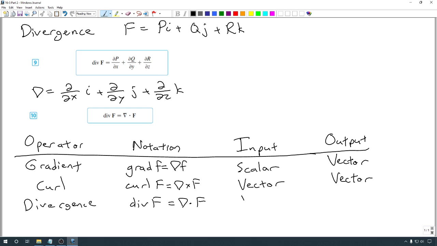On the other hand, the divergence, we put a vector field in, and we get a scalar function out. Those are very different results from each of these. And it's good to keep in mind exactly what each operator is doing, what it can act on, and what it gives you.